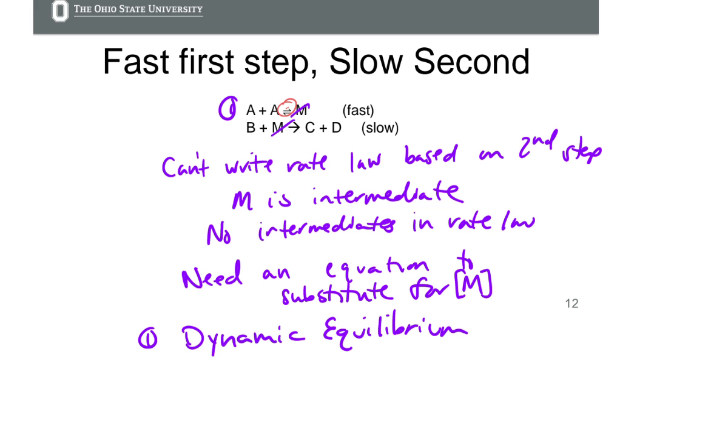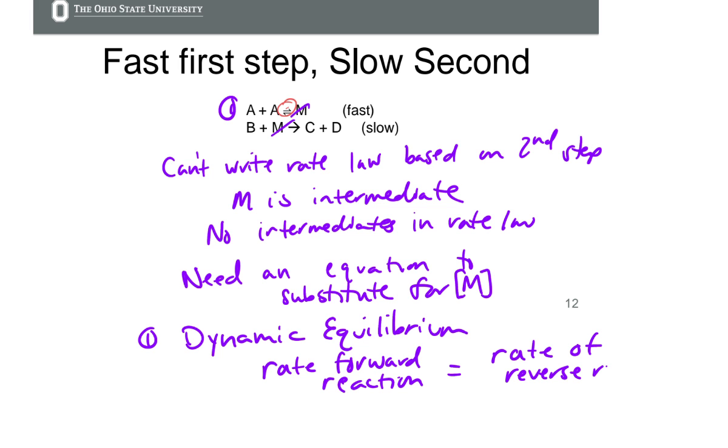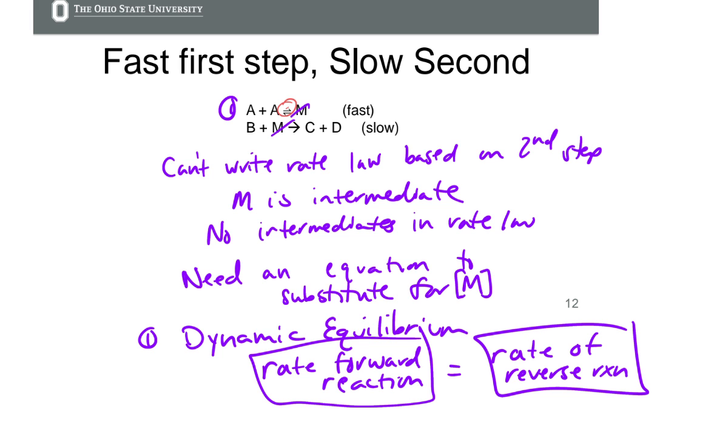By definition, when we have dynamic equilibrium, it means the rate of the forward reaction equals the rate of the reverse reaction. We're going to use that to our advantage mathematically, and I'll show you how.